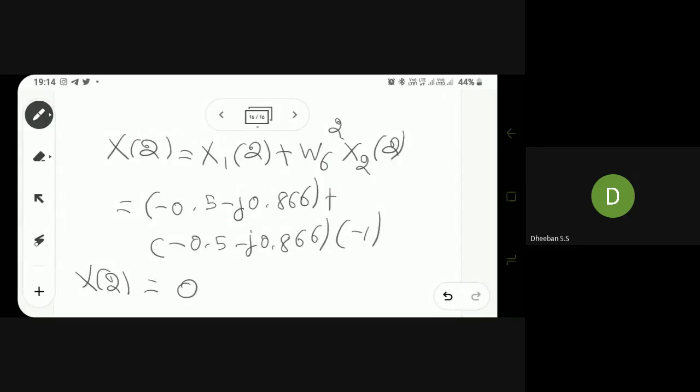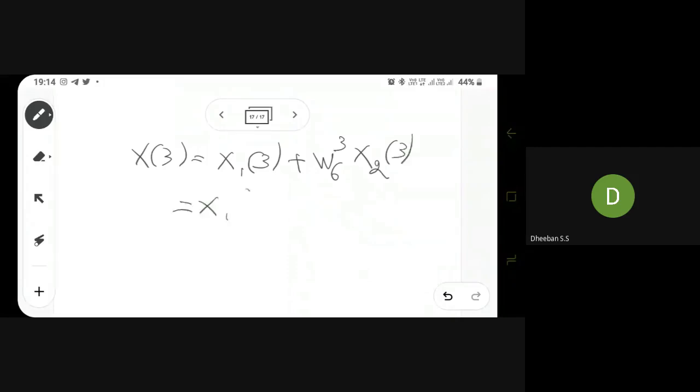Moving on, x of 3 will be equal to x1 of 3 plus w6 of 3 x2 of 3, equal to x1 of 0 plus w6 of 3 x2 of 0.